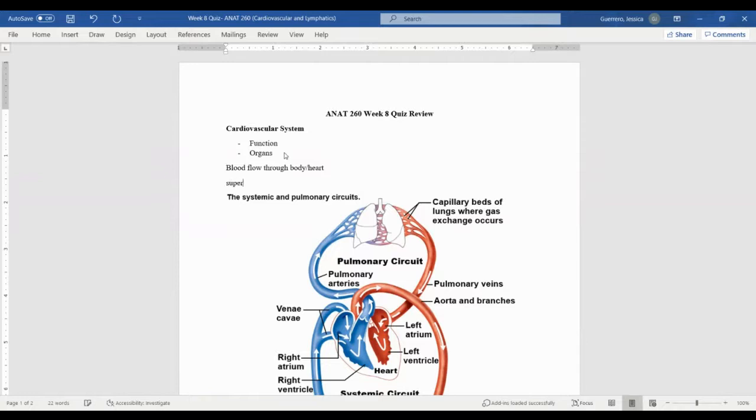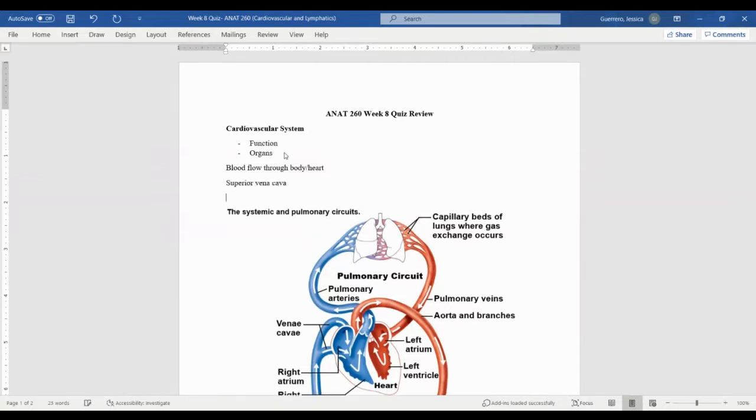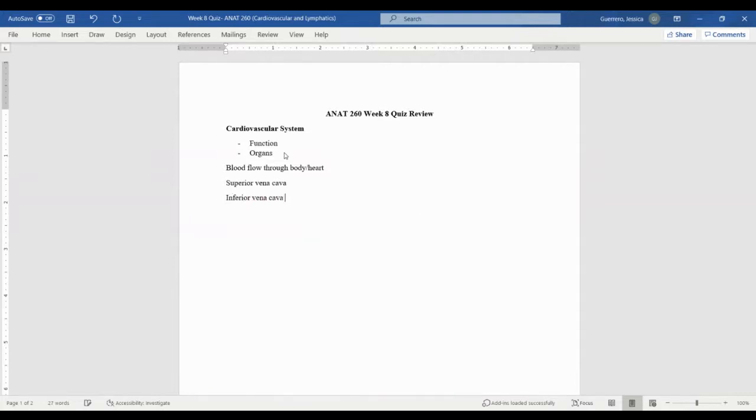Key terms that are going to show up: superior vena cava, inferior vena cava, pulmonary sinus, pulmonary veins, and by pulmonary sinus, I mean, and I apologize, coronary sinus.